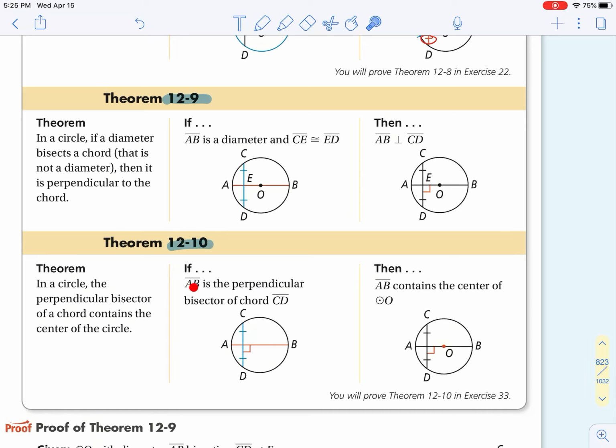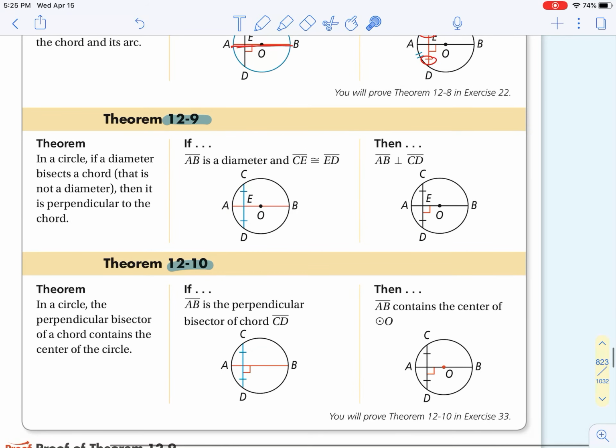12-10 says if AB is the perpendicular bisector of the chord, so here's AB. If you know it's perpendicular, that guy means perpendicular, and those little marks mean bisector, then AB contains the center of the circle. There it is, there's a center. Right here, there's no center marked, and usually it is, if we look around at all these circles, all the way at the top, they're always marked.